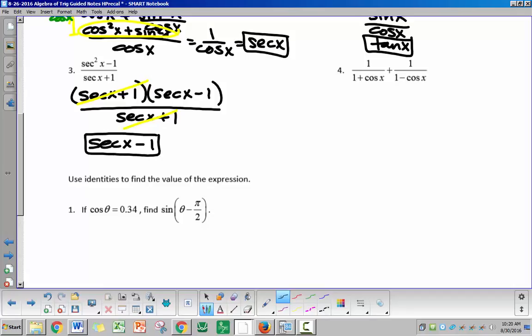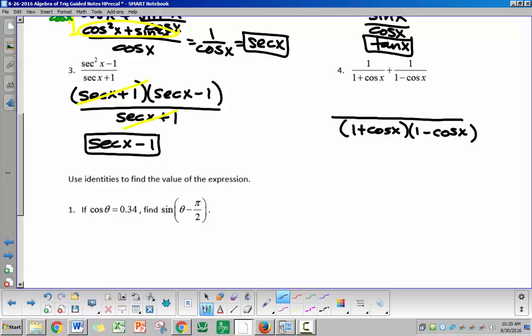What about number 4 here? It's 1 over 1 plus cosine x plus 1 over 1 minus cosine x. Common denominator, I like it. Let's see what happens when we do that. The denominator is going to be pretty big. It's going to be 1 plus cosine x times 1 minus cosine x.